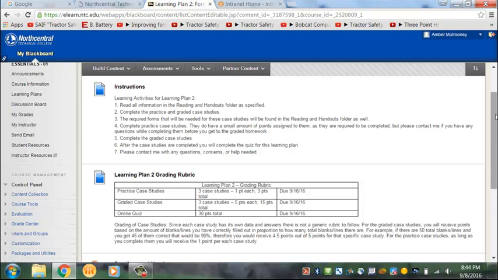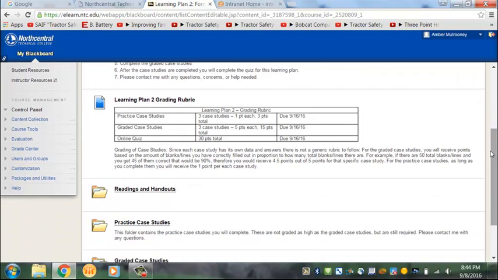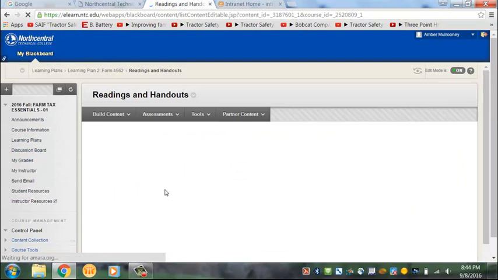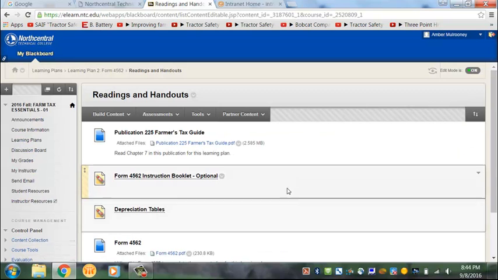Learning Plan 2, the Form 4562, deals with the depreciation and amortization for assets that are capitalized. If we look in the reading and handouts, we can see that the actual instruction booklet for the form is optional to read because it's quite a few pages.